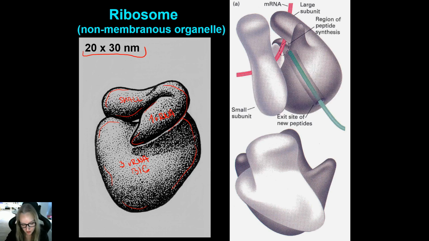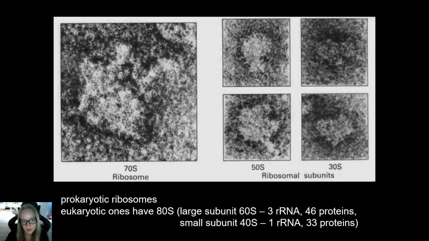So together there are four molecules of ribosomal RNA creating the ribosome, along with other proteins. Ribosomes are also in prokaryotic cells, but they are smaller and lighter.